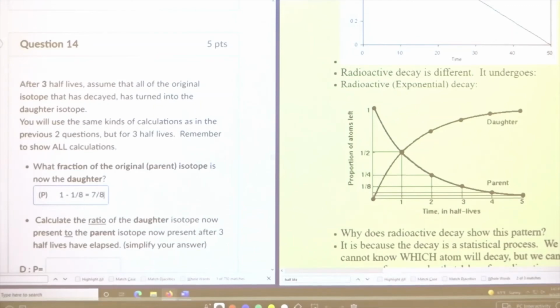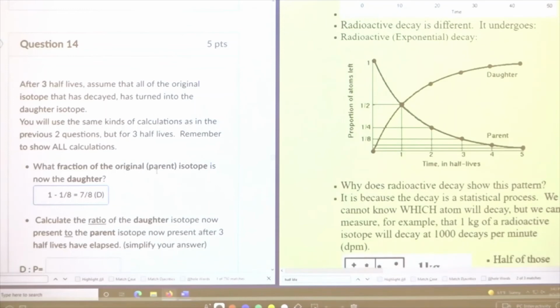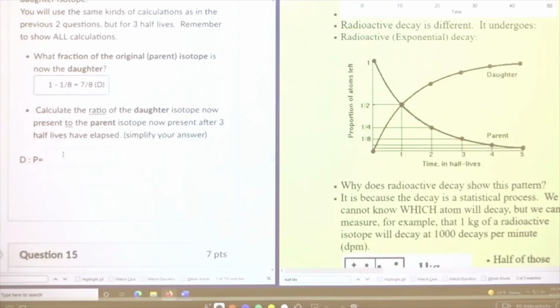And so the daughter is 7/8. So that means that the ratio of the daughter to parent is now 7/8 to 1/8. And again, simplifying, that's going to be 7 to 1. Okay? Is that clear to everybody?